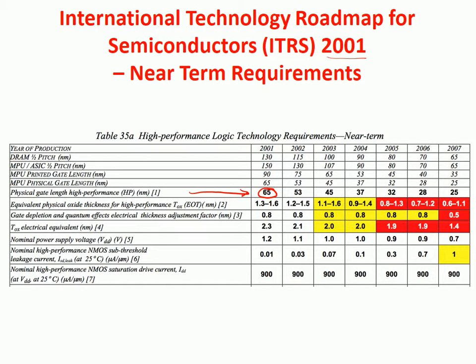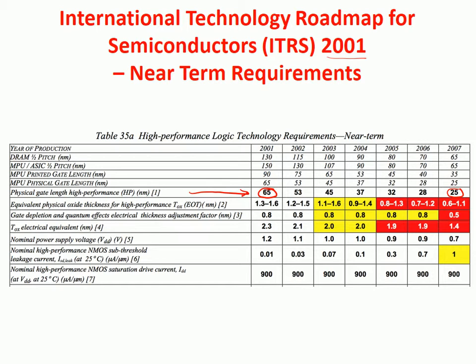The prediction down to 2007 was to go from 65 down to 25 nanometers. And the equivalent physical oxide thickness of the gate dielectric was at that time something close to 1.5 nanometers and had to go down to less than 1 nanometer.